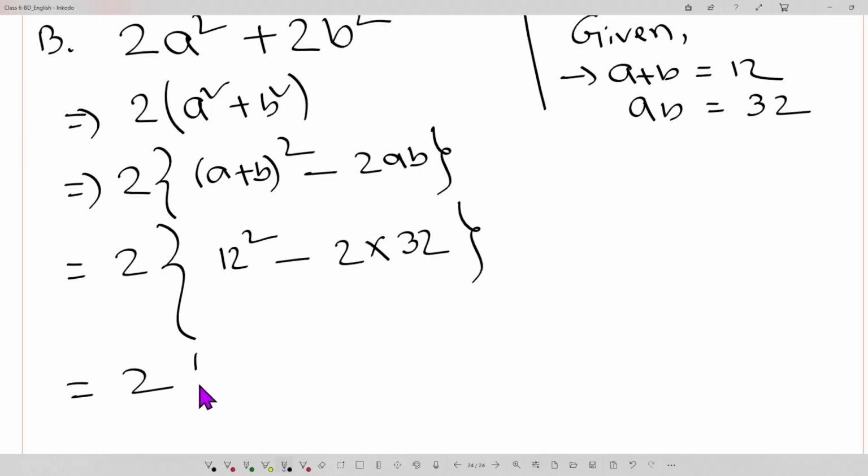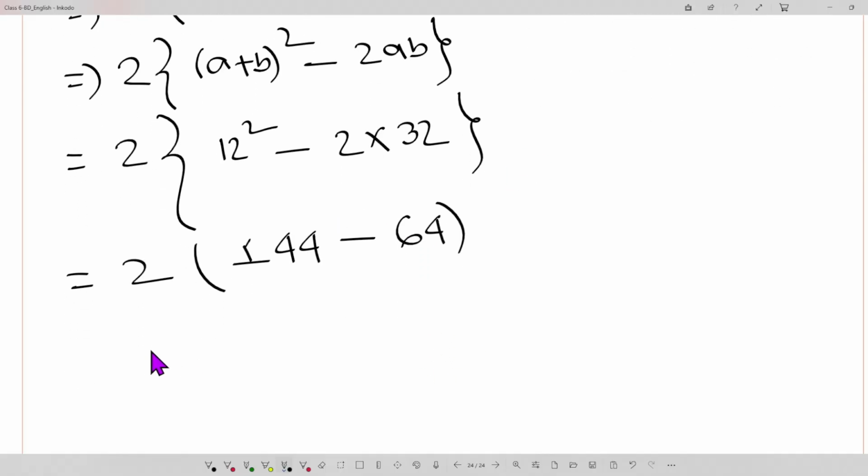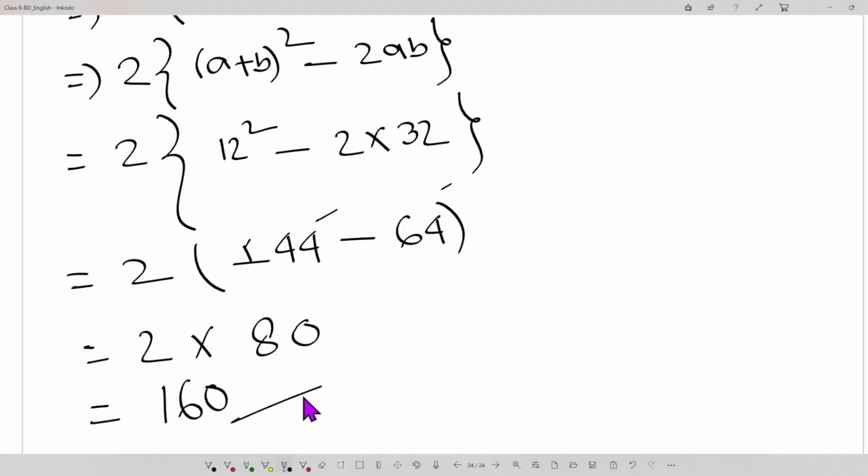So here is 2, 12 square is 144 minus 2 times 32 is 64, and then 2 times 80. So our answer is 160. Very simple.